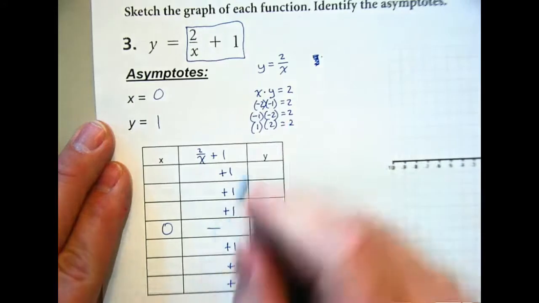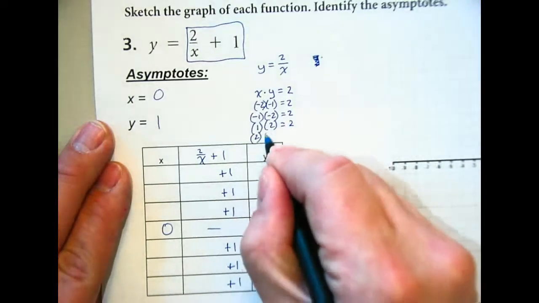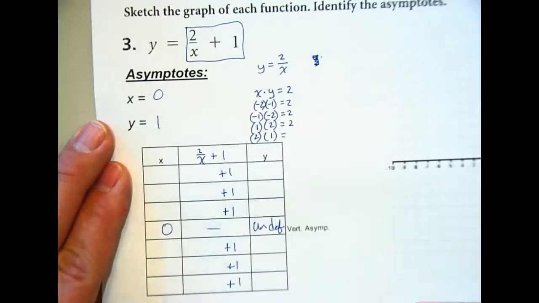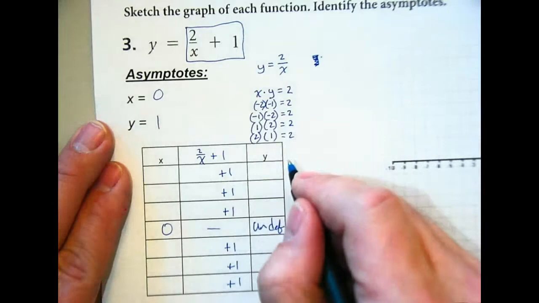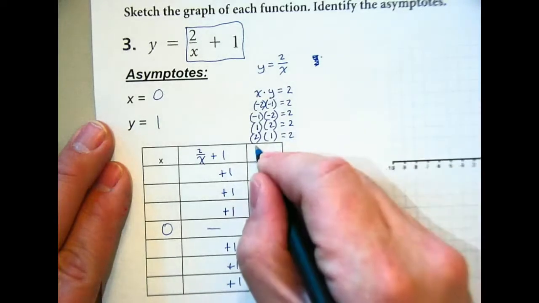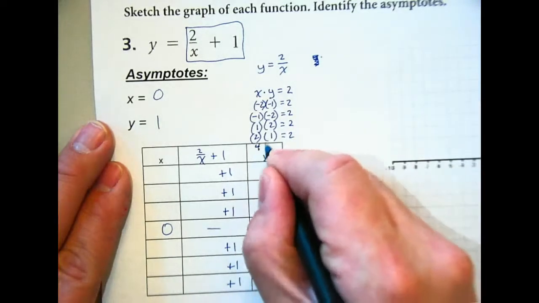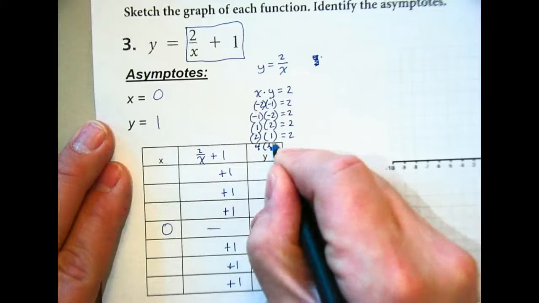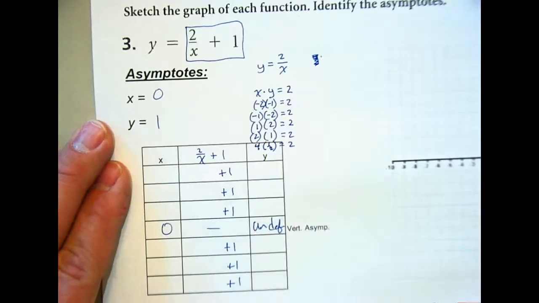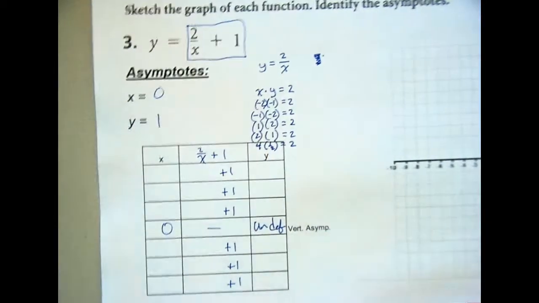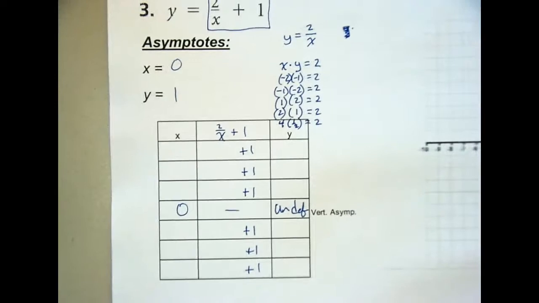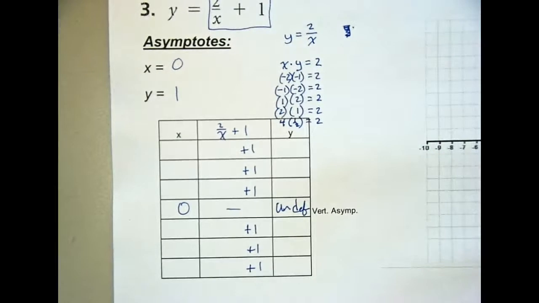What else? 2 and 1. What if I said like 4? 1/2. Whoa, we're getting really crazy. Okay. Everyone with me there? Was that terribly difficult? No.